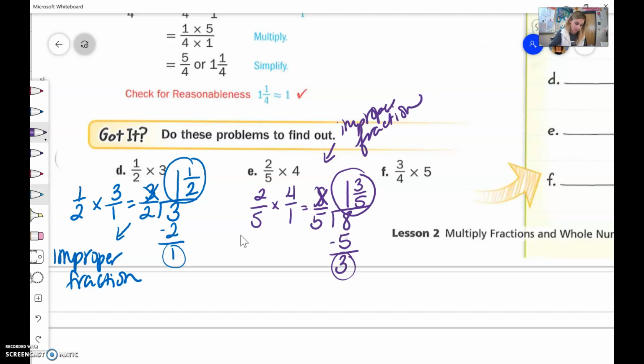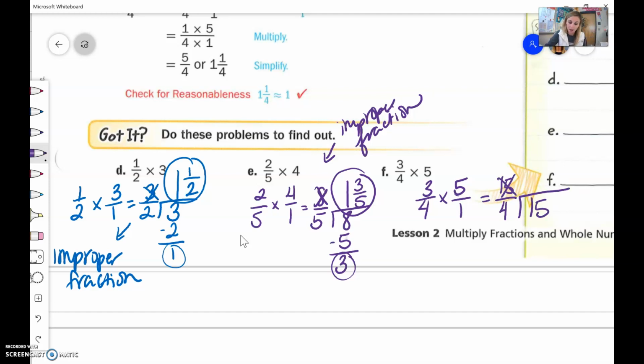Okay, let's do this last one over here. This next one, 3/4 times 5, and we're going to put 5 over 1. That is a really ugly 5, isn't it? There we go. So now I get 3 times 5, which is 15. 4 times 1 is 4. I know that I must divide because I have a numerator that is bigger than a denominator.